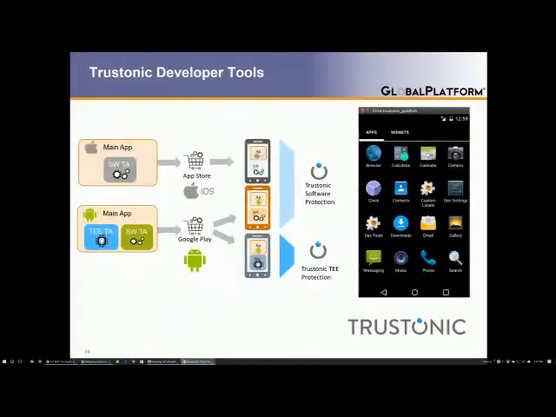So, a shout out to one of our members, Trustonic. They have a trusted application manager, and it has a way to download to an Android device. When you download to an Android device, they determine whether that device already has a trusted execution environment on it.